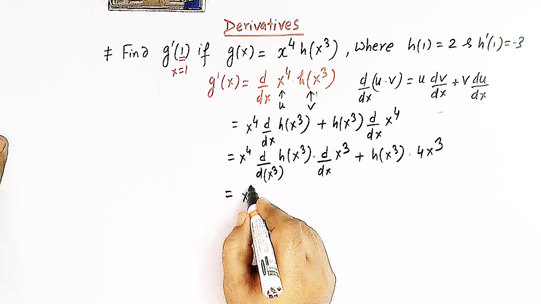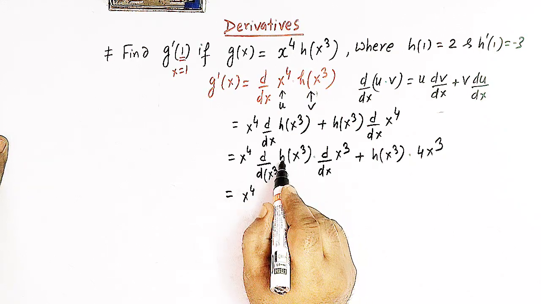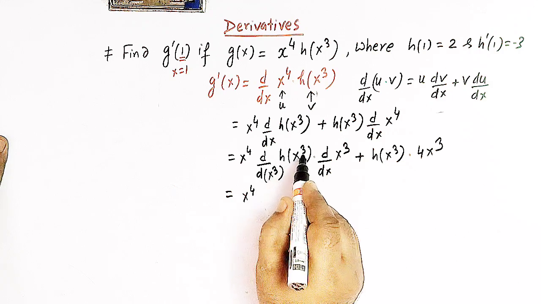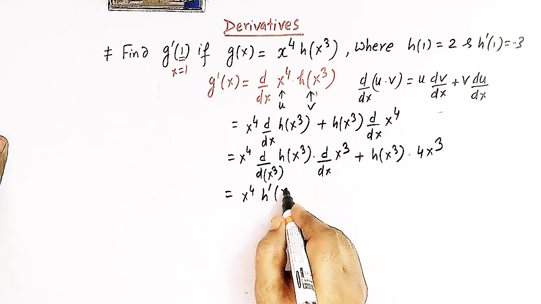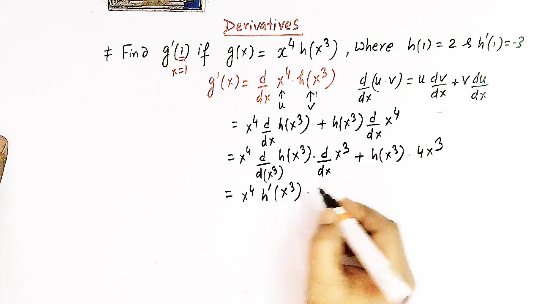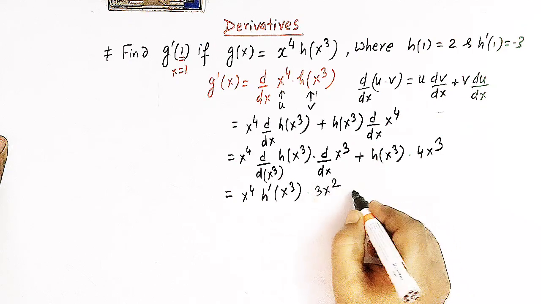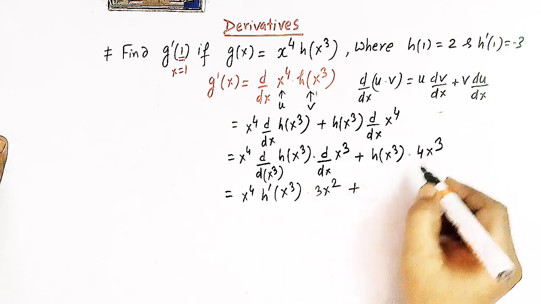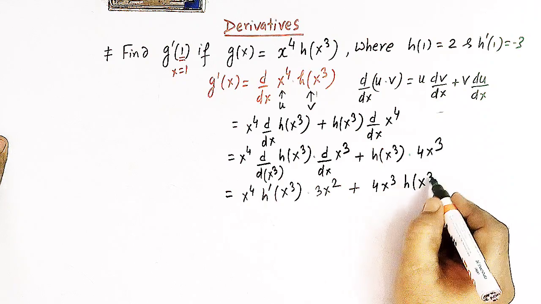So we have x raised to 4, and the derivative of h of x cube with respect to x cube is h prime of x cube, and the derivative of x cube is 3x square, and here we have 4x cube and h of x cube.